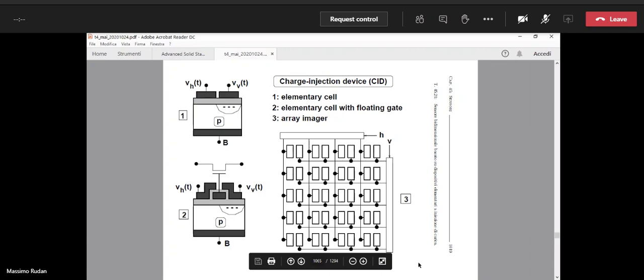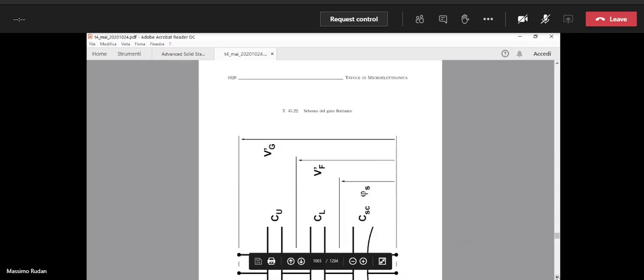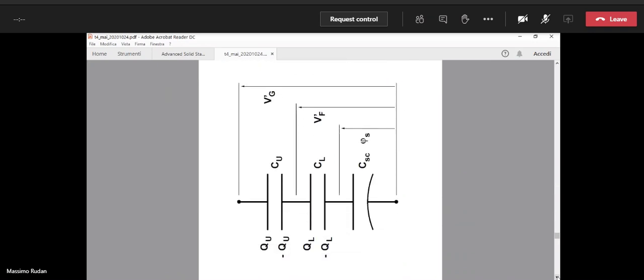Okay, so essentially we have three capacitors in series instead of two, and two of them are linear. Okay, so if you want to draw schematically, I don't rotate the figure because I need the other figure for the moment. Okay, we have the series of three capacitors that are the upper capacitor that we call Cu, the lower capacitor that we call Cl, and the semiconductor capacitor that we call as usual CSC.